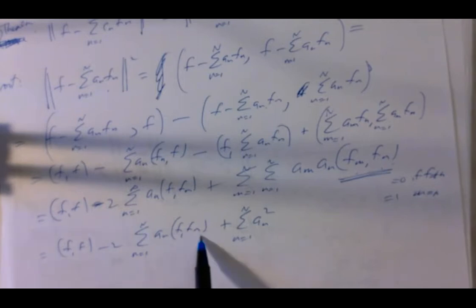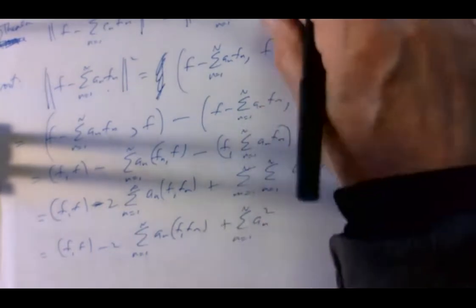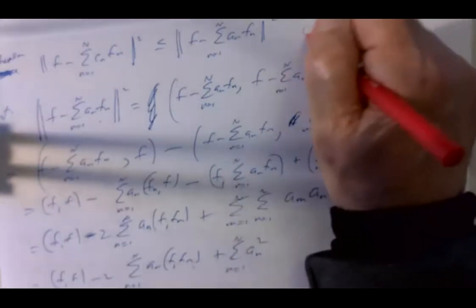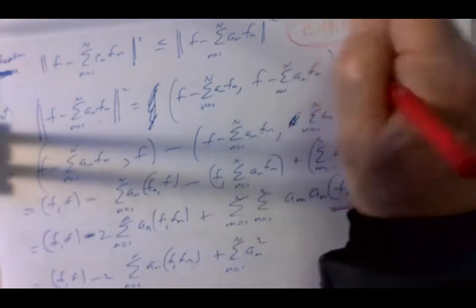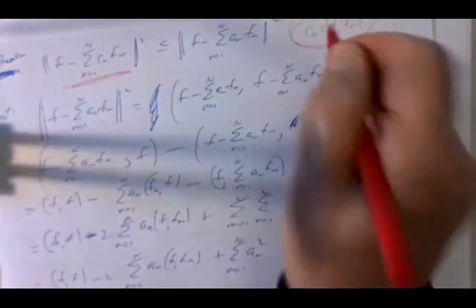Inner product of f with fn is cn. So cn is the inner product of f with fn. This is the Fourier series.